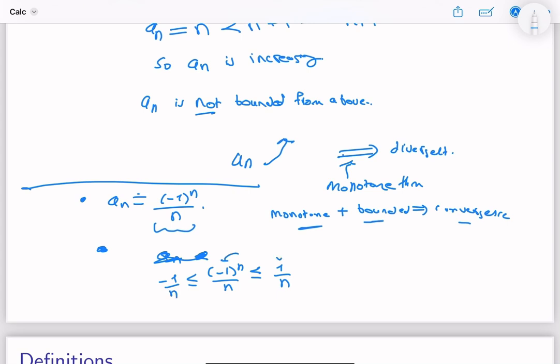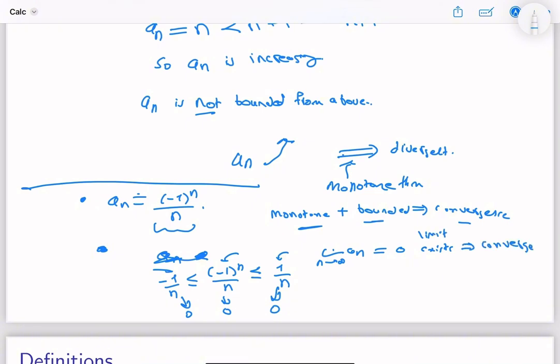So it's bounded above by 1 over n and bounded below by negative 1 over n. And by the squeeze theorem, this is going to 0, this is going to 0, thus this is going to 0, right? Because we know 1 over n goes to 0. Thus, the limit of a_n as n tends to infinity is equal to 0, and thus the limit exists, thus it's convergent.